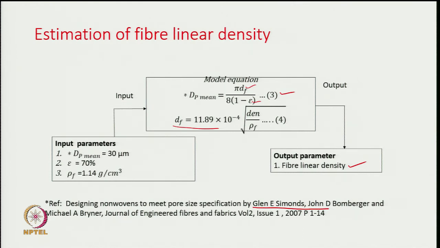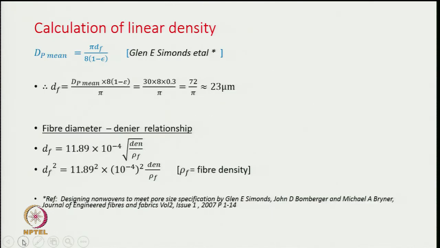If these are the model equations, the input parameter is d_p mean, 30 micrometer, that is what we are taking, and from there we try to find out the value of linear density, making use of these equations.